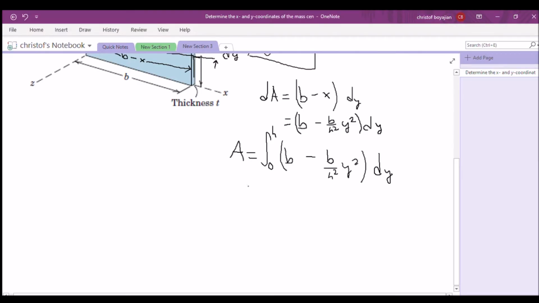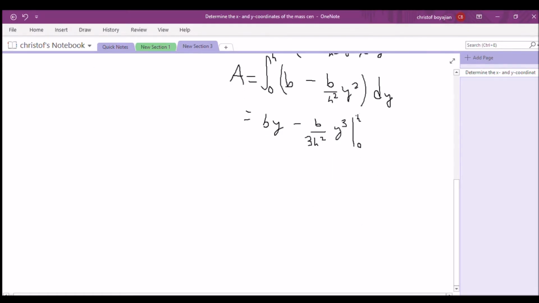All right, let's go ahead and solve for this. Let's evaluate the integral. So we're going to have b y minus b over h squared divided by 3 times y cubed. This is evaluated from 0 to h. Now, basically just plug in y equals h minus y equals 0.